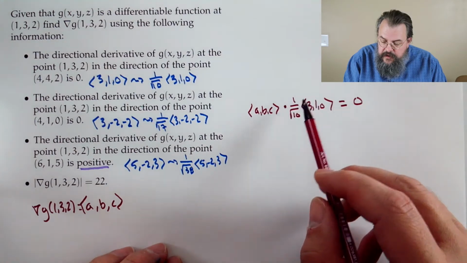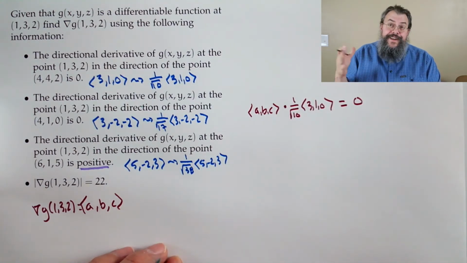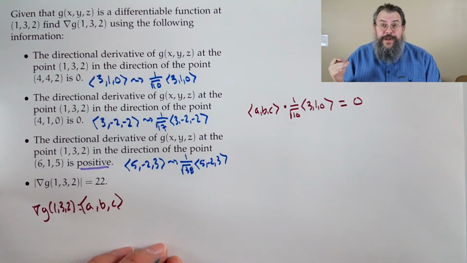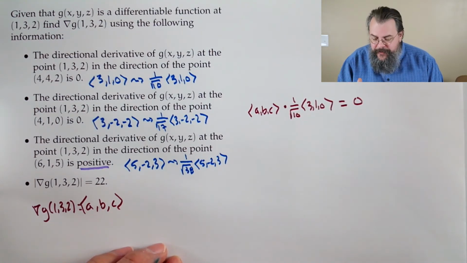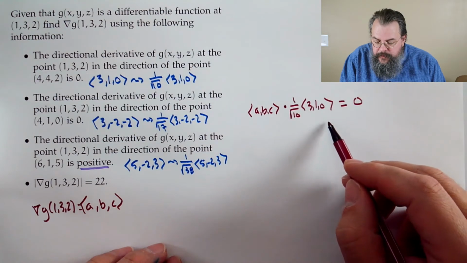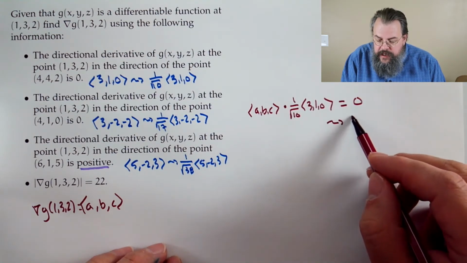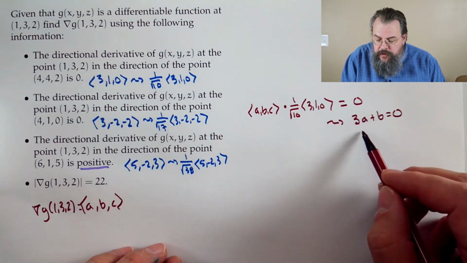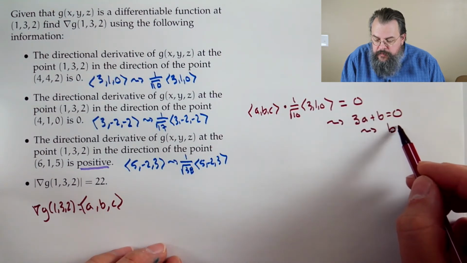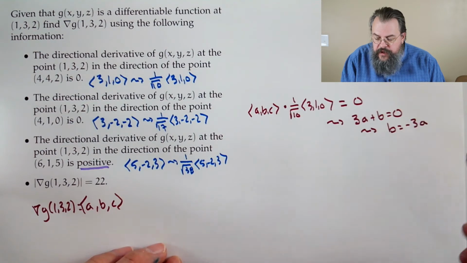Now notice you can multiply both sides by root 10, so you can get rid of the square root really quickly. Nice thing about 0 is it's a great way to get rid of constants. So this really is telling us that 3a plus b equals 0. Or if we wanted to, we could say, look, b is minus 3a.